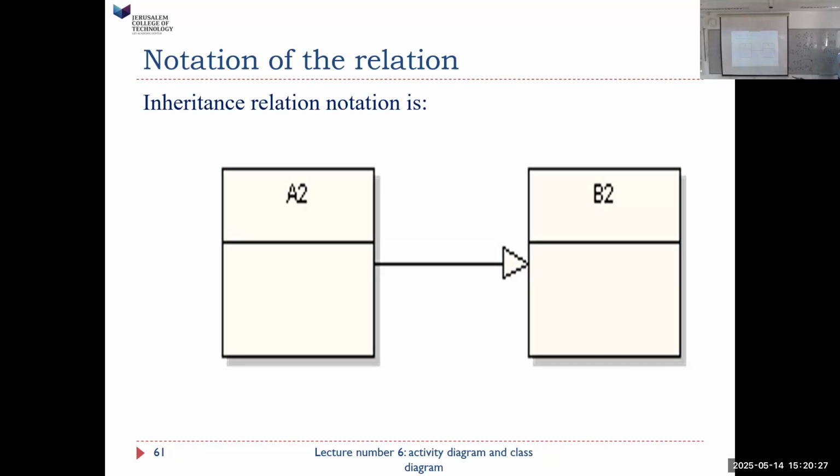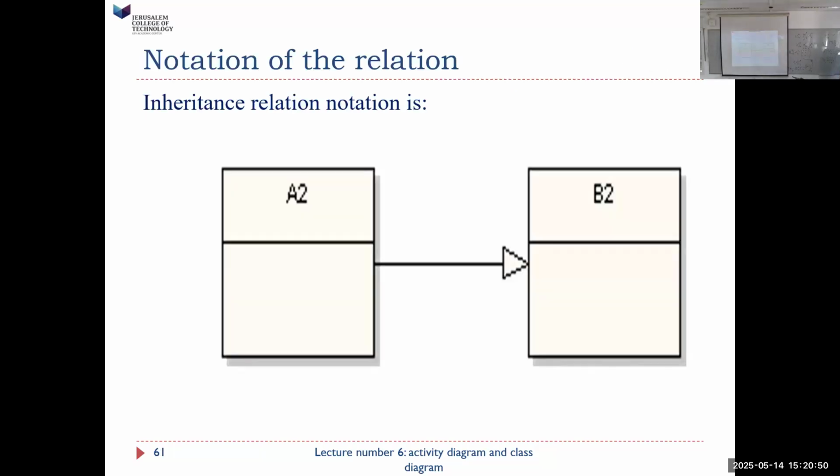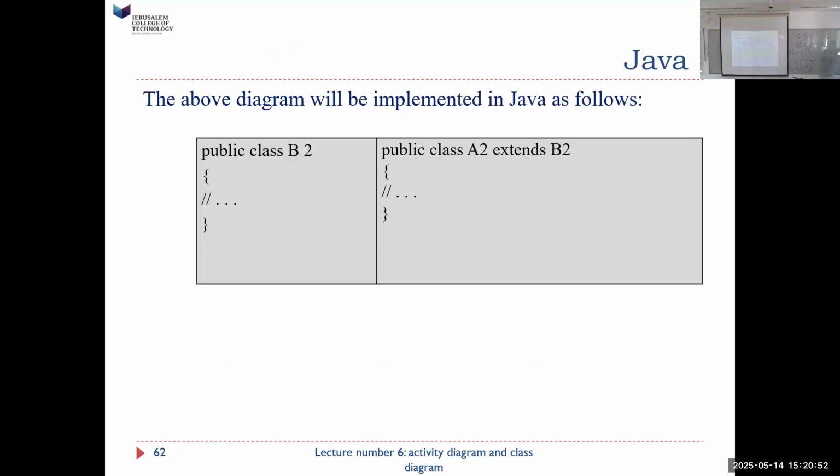So you actually call inheritance generalization or specification. In other words, B is a generalization of A, and A is a specification of B. You write that in Java like this: class A extends B. B is the generalization.